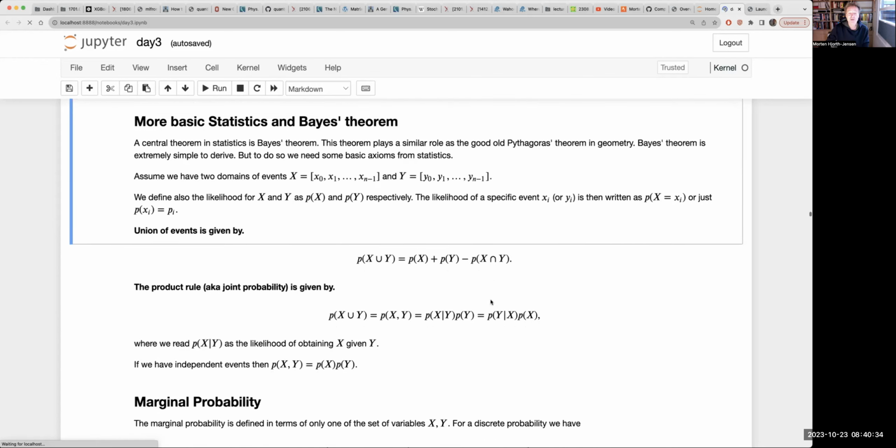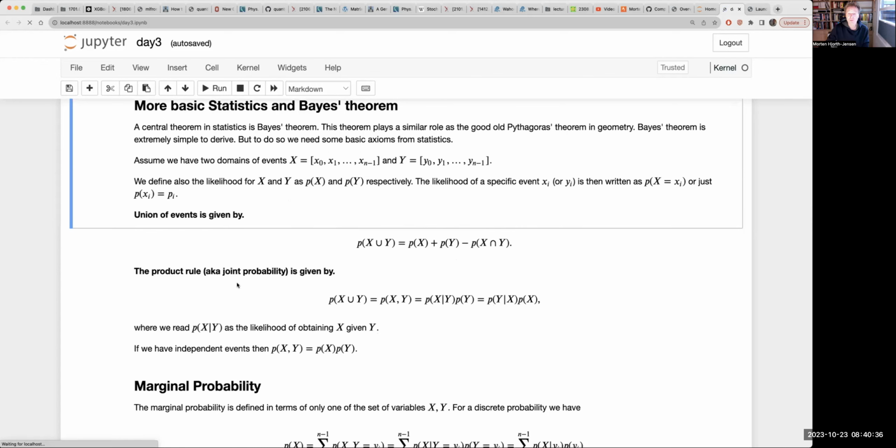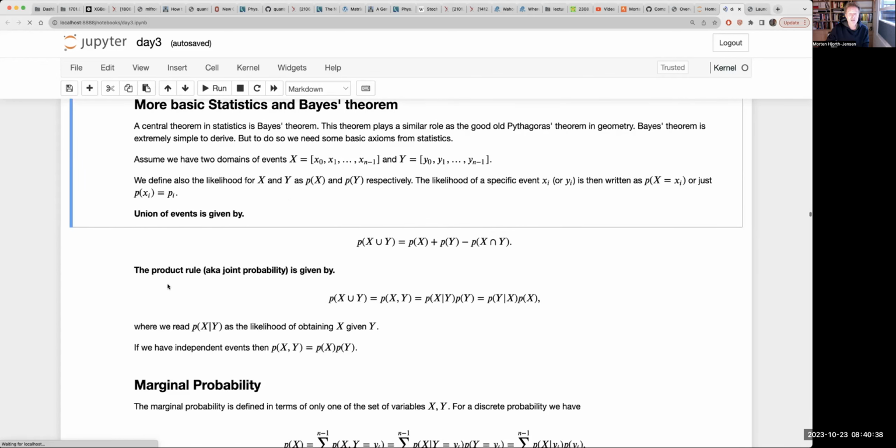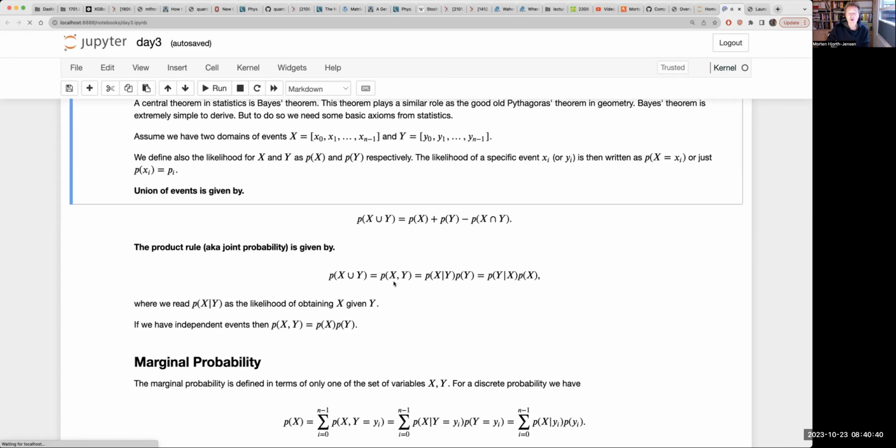And then we have something which is called the joint probability, which is given as the product of X and Y with a given constraint. So what we have is the probability of P of Y, multiplied with the probability of X given Y. Alternatively, you can write it like this.